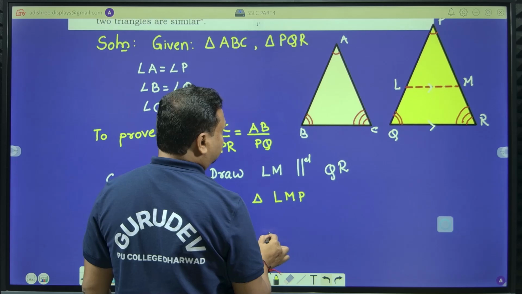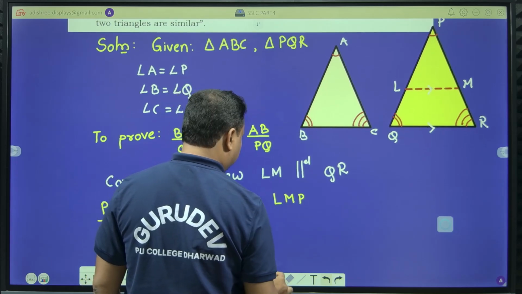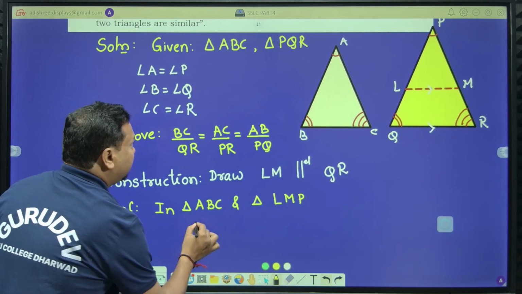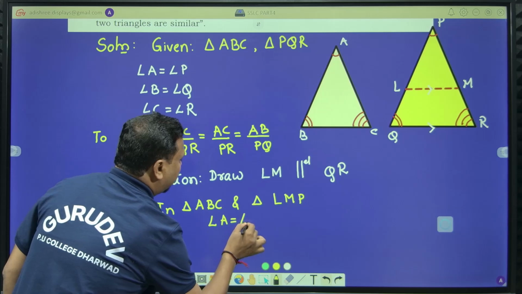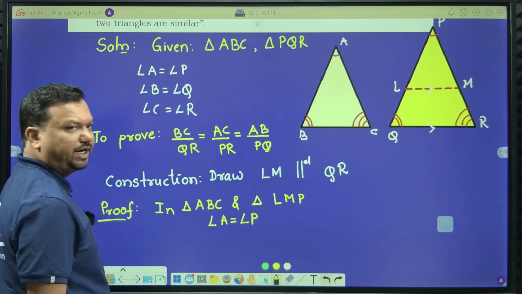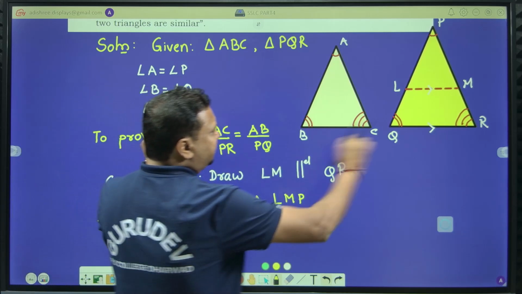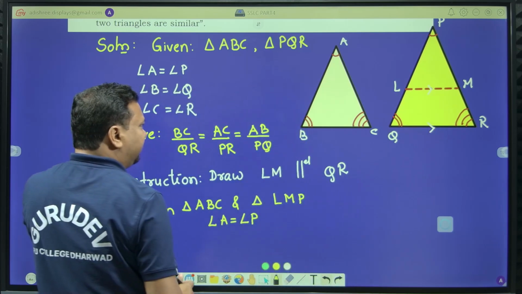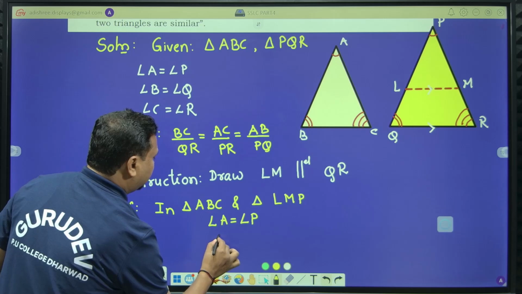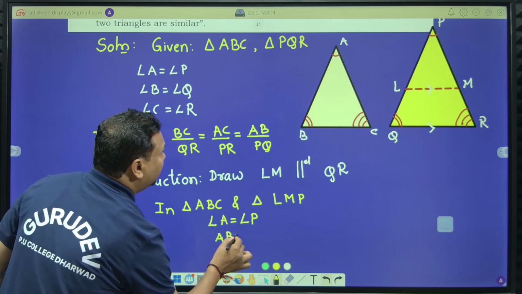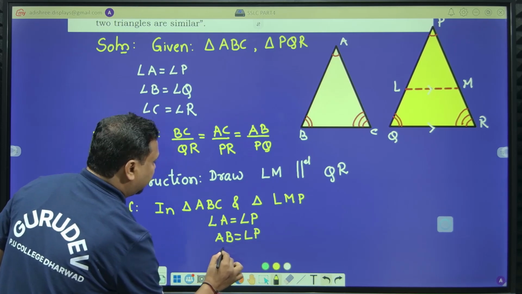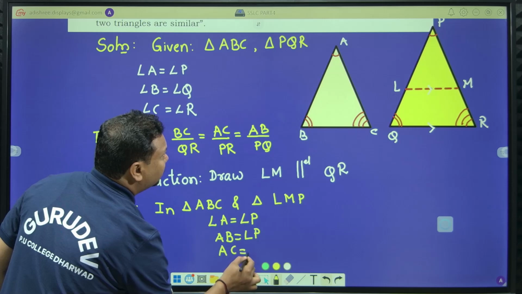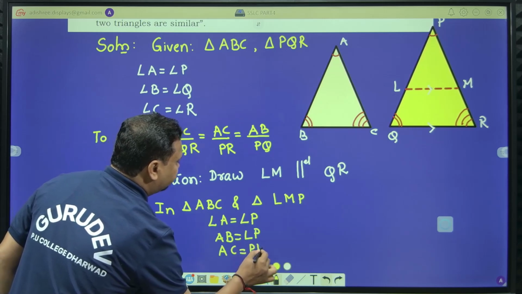There it is, LMP, done. So, don't you think angle A is equal to angle P, right? And when LM is parallel to QR, I think we will be having AB equal to PL or LP, and AC equal to PM or MP.